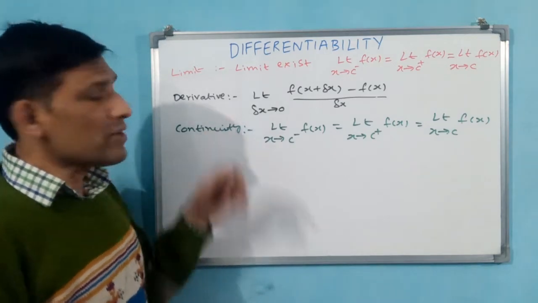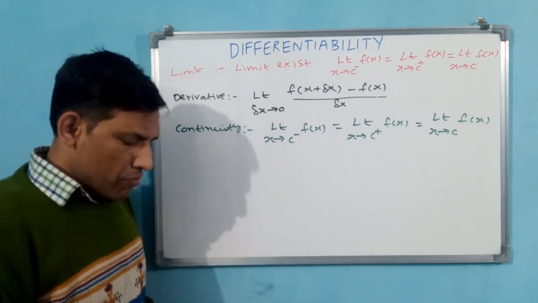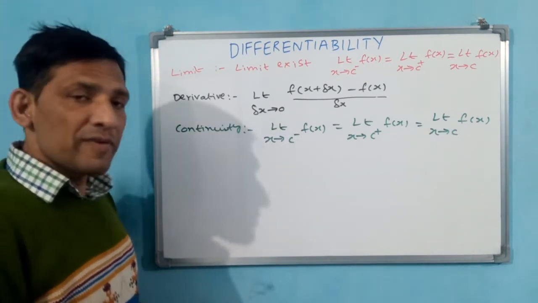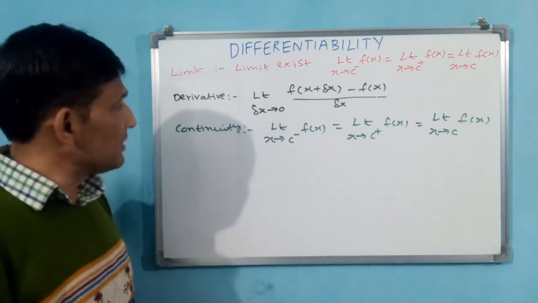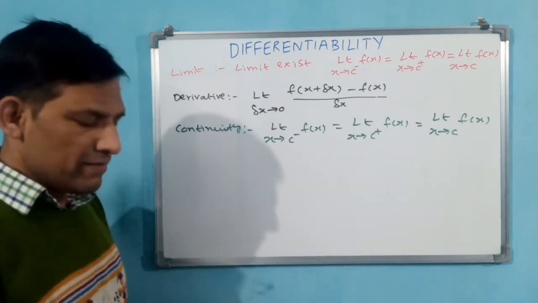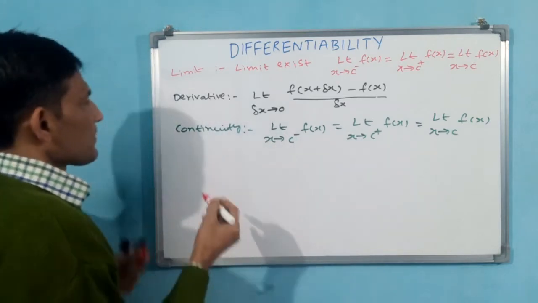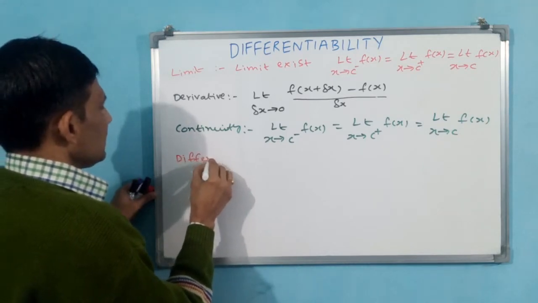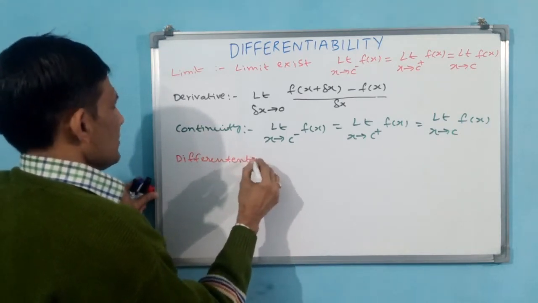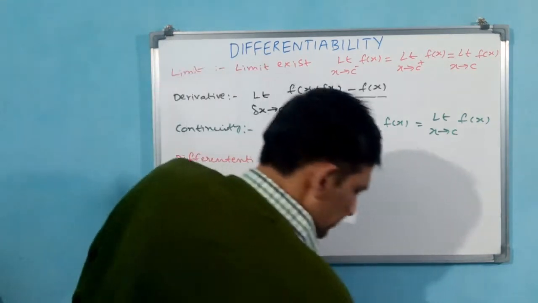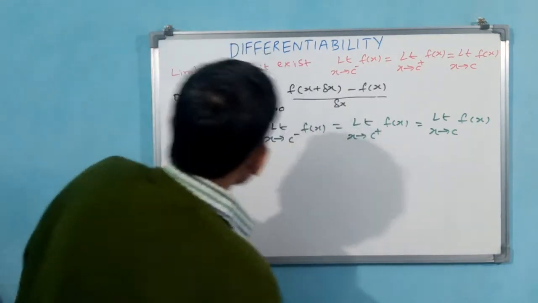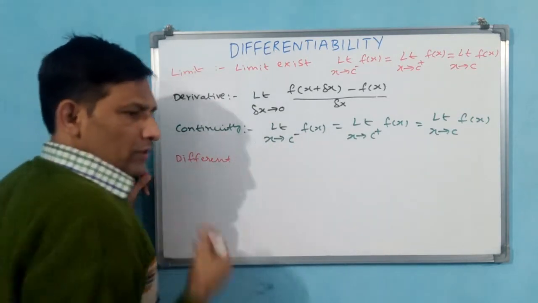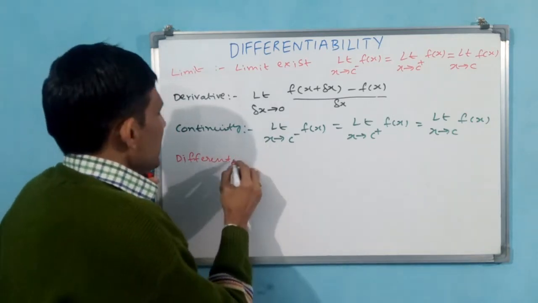Already we said that derivative we have done in class 12, but I will write differentiation first. Because differentiability means ability of differentiation. But again you ask me what is differentiation. Okay, that is why let me write differentiation first. Differentiability and continuity, comparison also we will do.